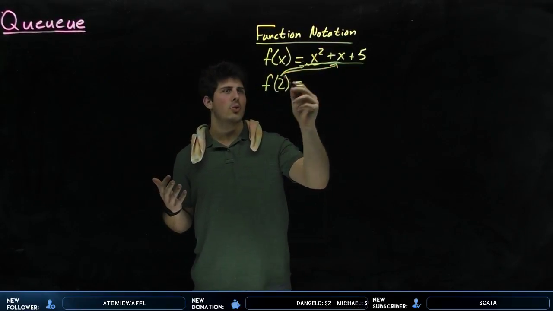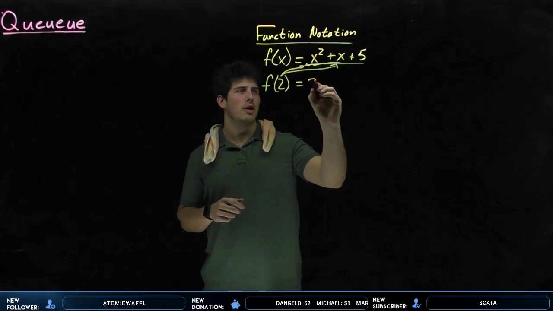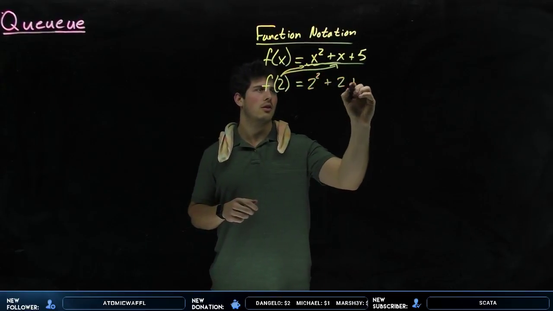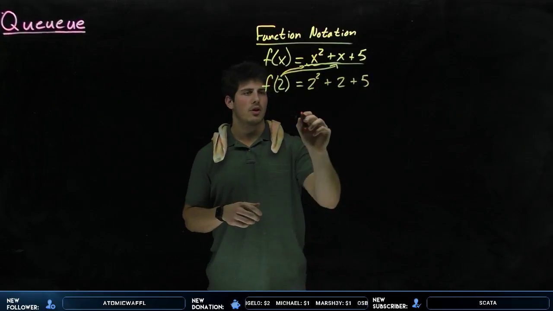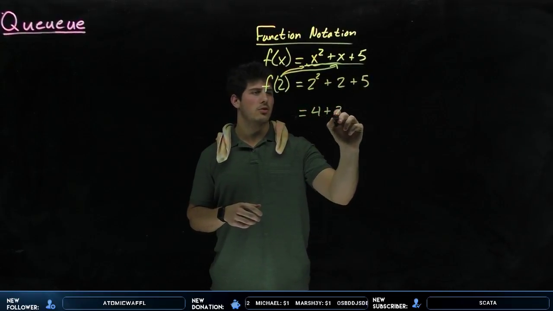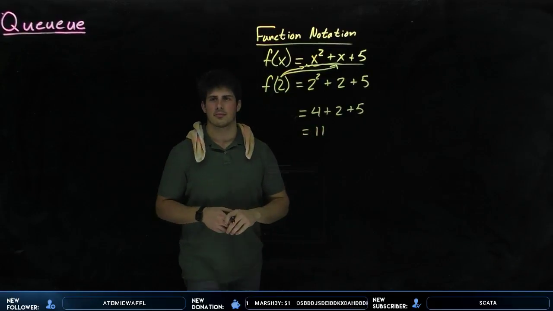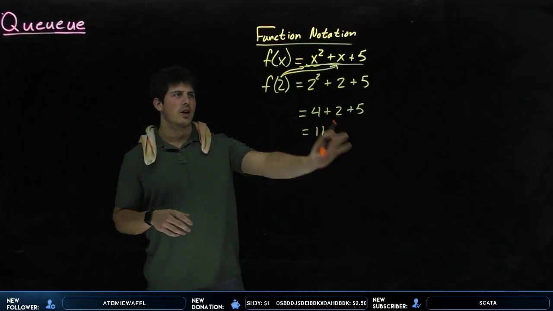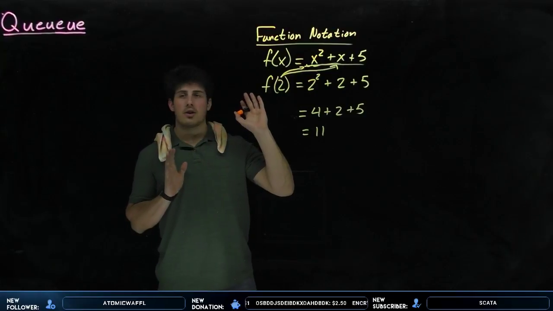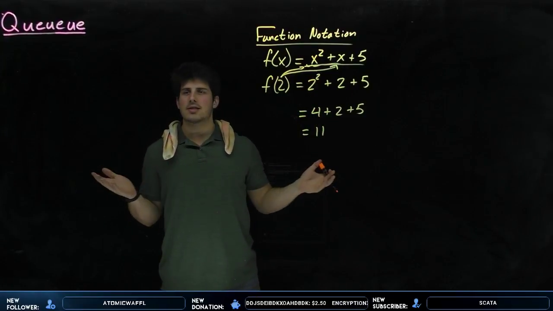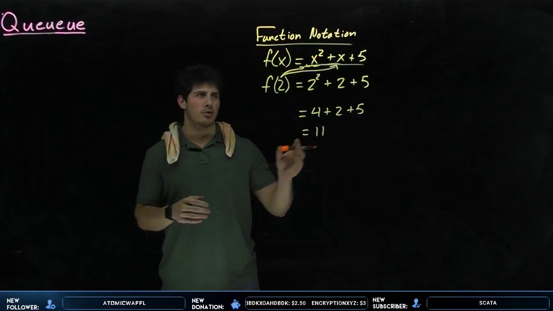If I have x squared, that's now 2 squared. I'll write this out. 4 plus 2 plus 5, and we get 11. This is how you evaluate it. At its very basic, it's simple. Maybe not easy, but it's simple.